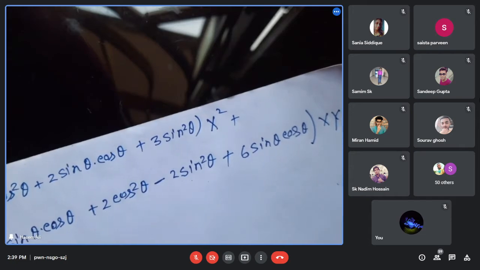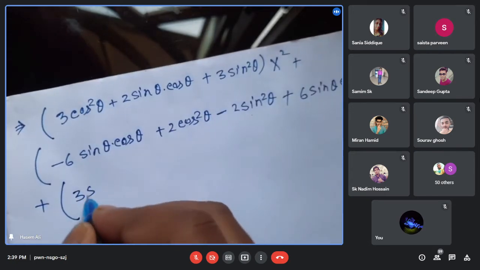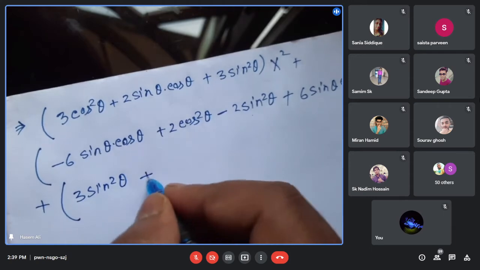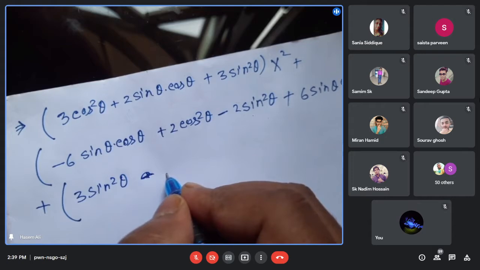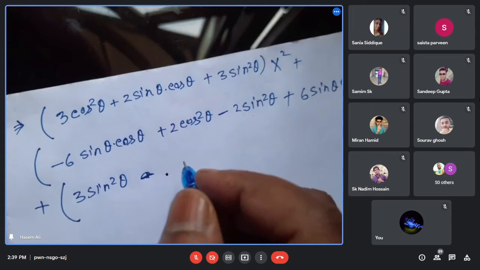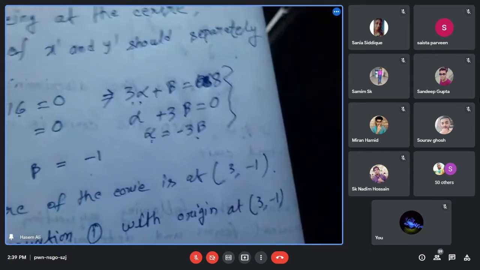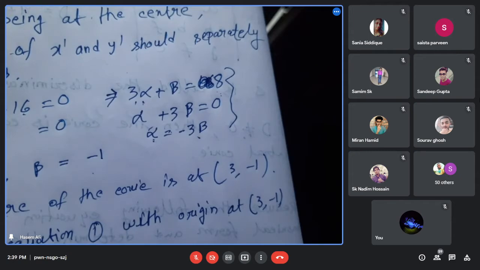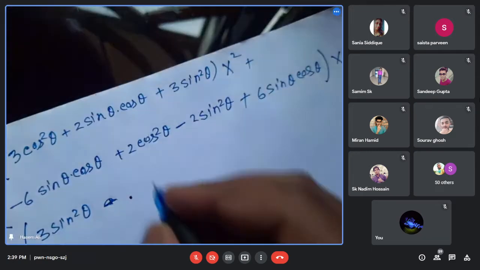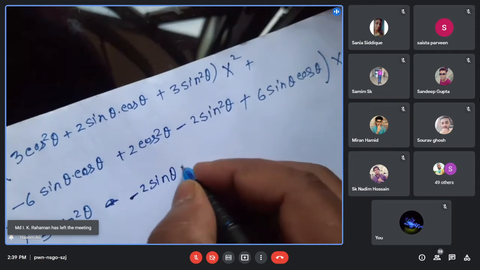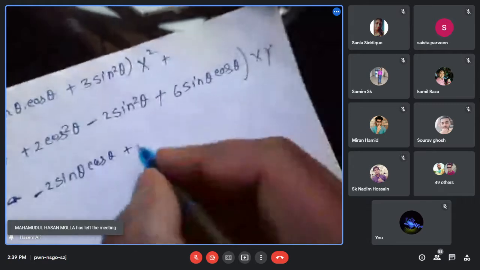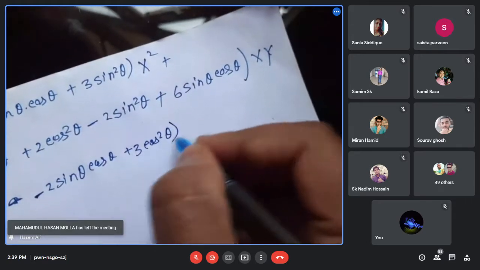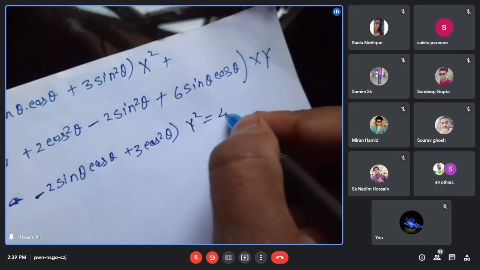Plus the coefficient of y square. Now I am writing this: 3 sin square theta minus 2 sin theta cos theta plus 3 cos square theta into y square equals 4.